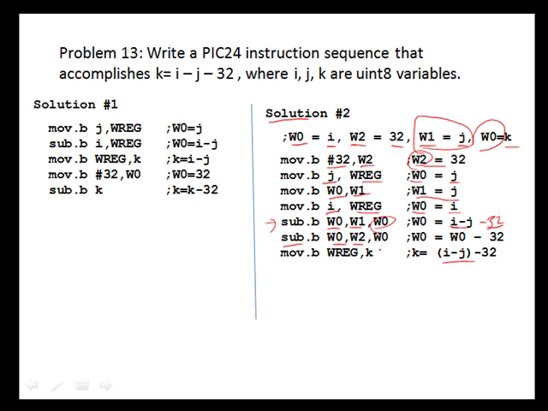We'll say W0 minus W2, which is going to be subtracting 32 from i minus j, with the result going into W0. At this point, W0 has our final result of i minus j minus 32, so we need to write that to k. After this instruction is complete, k is going to have our final result of i minus j minus 32.